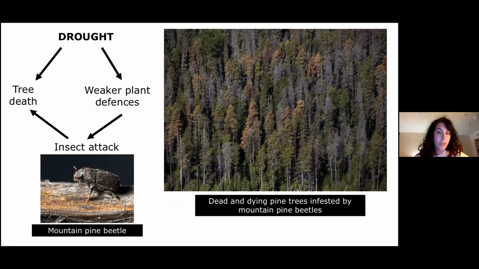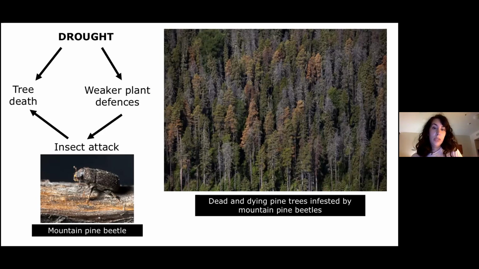Well, we already have some data from temperate forests. What has been happening in a lot of temperate forests in Europe and in North America is that following long droughts, trees have weaker plant defenses. Normally trees have a range of chemical defenses which can protect them against insect attacks.